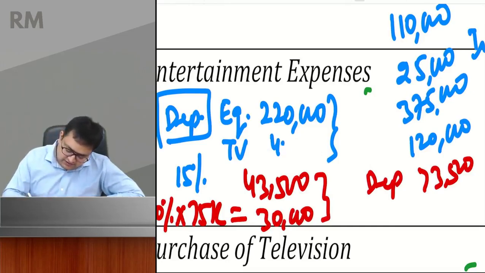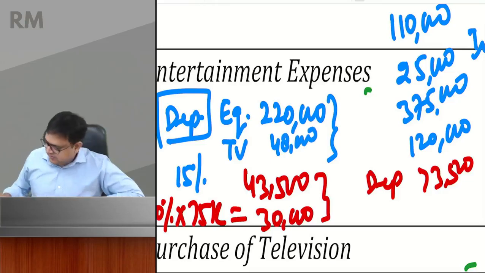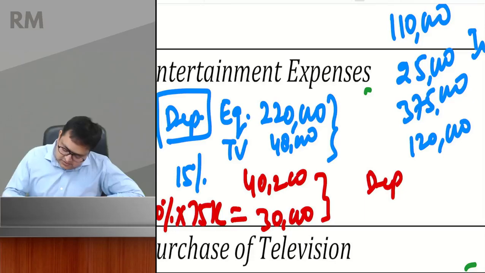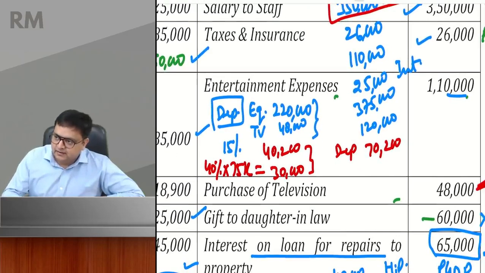This will become 40,200. So this is actually 70,200. Correct. Thank you so much, guys.